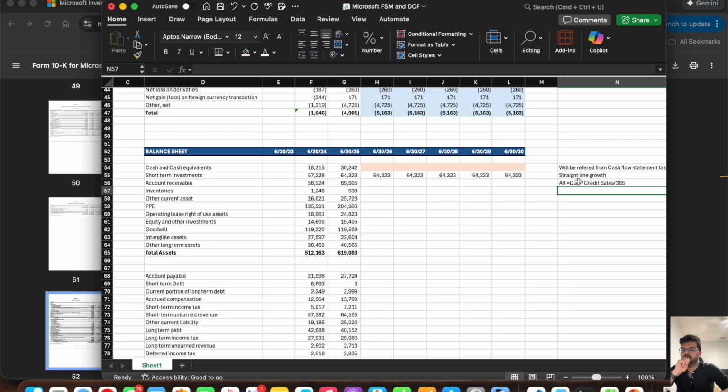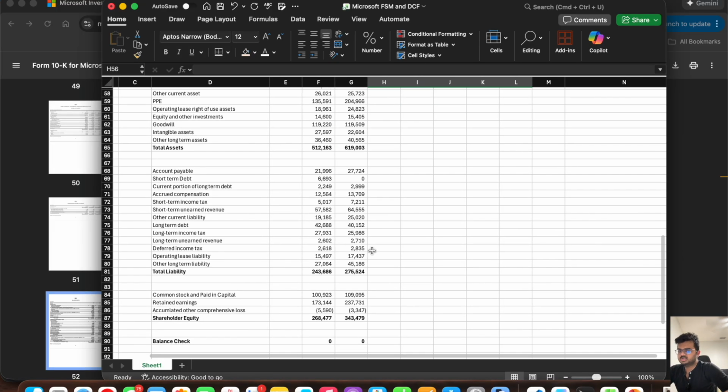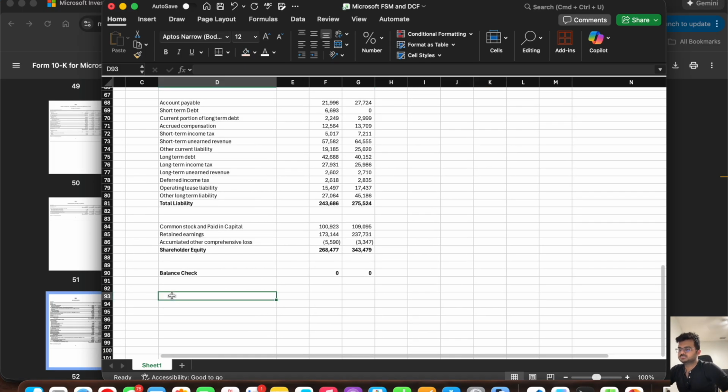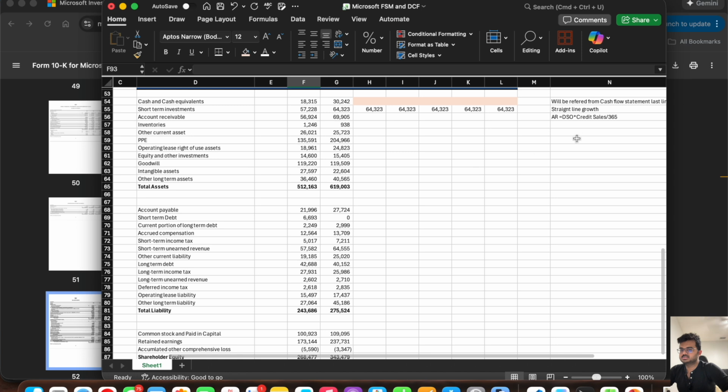Now, we don't know what the DSO is for the next 5 years. So what I'm going to do is see what the DSO is for the last 2 years and average that number out for the next years. DSO for the last 2 years is just doing the other way around: accounts receivable into 365 by credit sales.